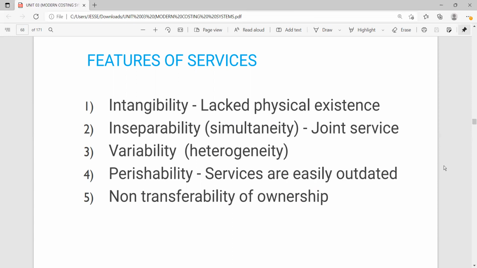The third thing is heterogeneity or variability. When it comes to services, there's a lot of variability or heterogeneity.